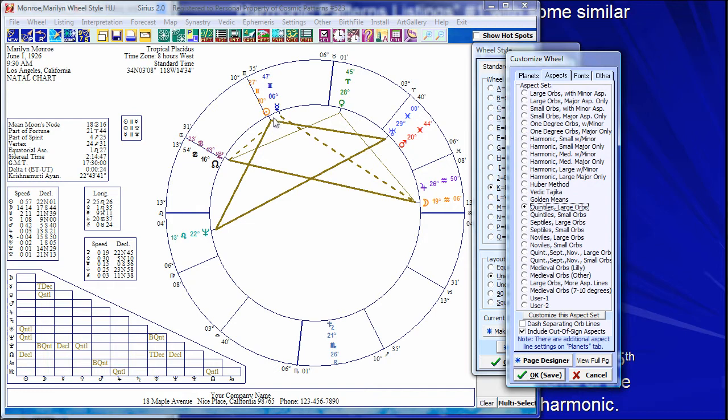And where does she get her charisma from? This is a big part of it. Sun at Uranus Neptune. She's a star. She's a celebrity. She seems unreal, like a fantasy, like a dream. She doesn't seem grounded. She seems like angelic or something.